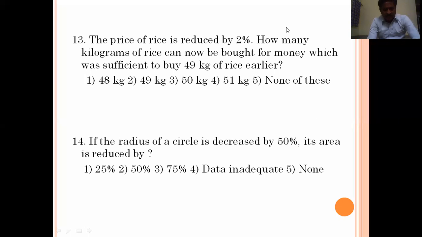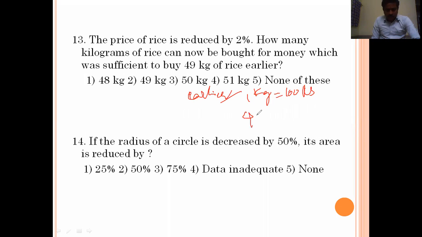The price of rice is reduced by 2%. How many kilograms of rice can now be bought for money which was sufficient to buy 49 kilos of rice earlier? First we assume that each kilo cost is 100 rupees. Earlier, 1 kilo cost we assume 100 rupees.